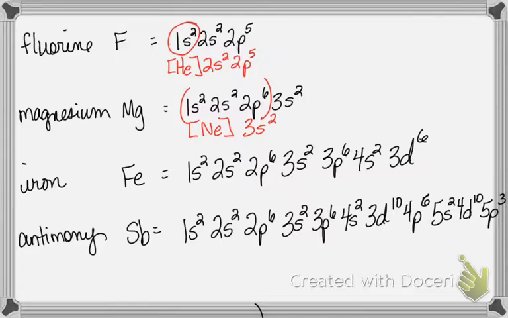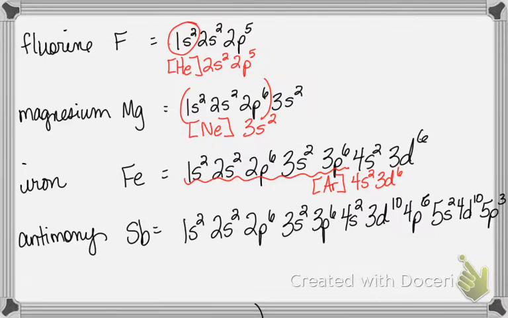Now iron is going to be a nice shortcut because look, iron has 26 electrons. The closest noble gas without going over is argon. Do you see that argon is all that I underlined? So you could write argon 4s2, 3d6. And finally, antimony.